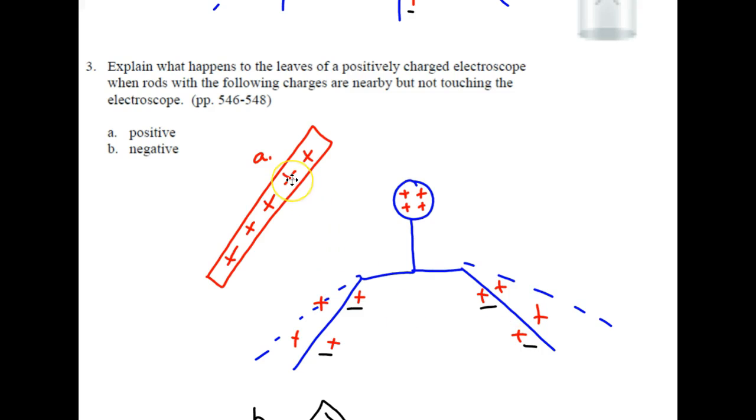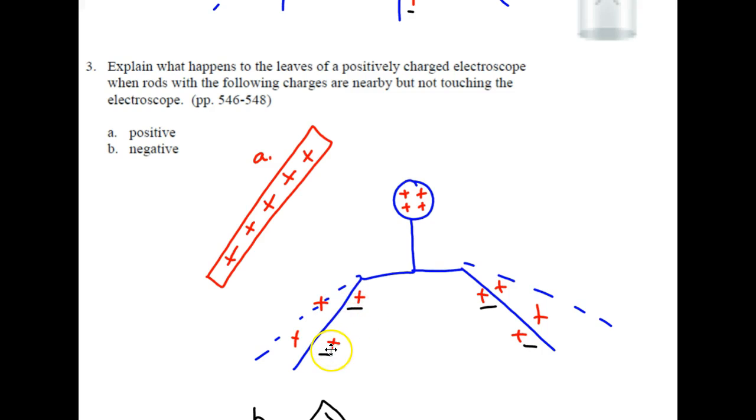Okay, now what happens when we bring a positive rod, as in A here, near but not touching the positive knob? This will attract electrons that are still in the leaf, though we didn't draw them in the diagram. So here's the trick.